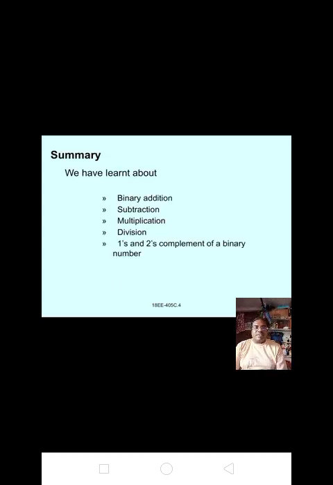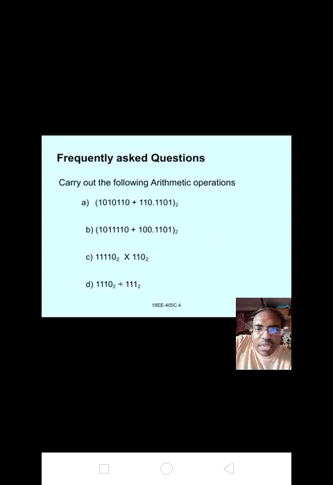In the previous sections we have learned binary addition, subtraction, multiplication, division, and 1's and 2's complement of a binary number. Here I have given some of the frequently asked questions.